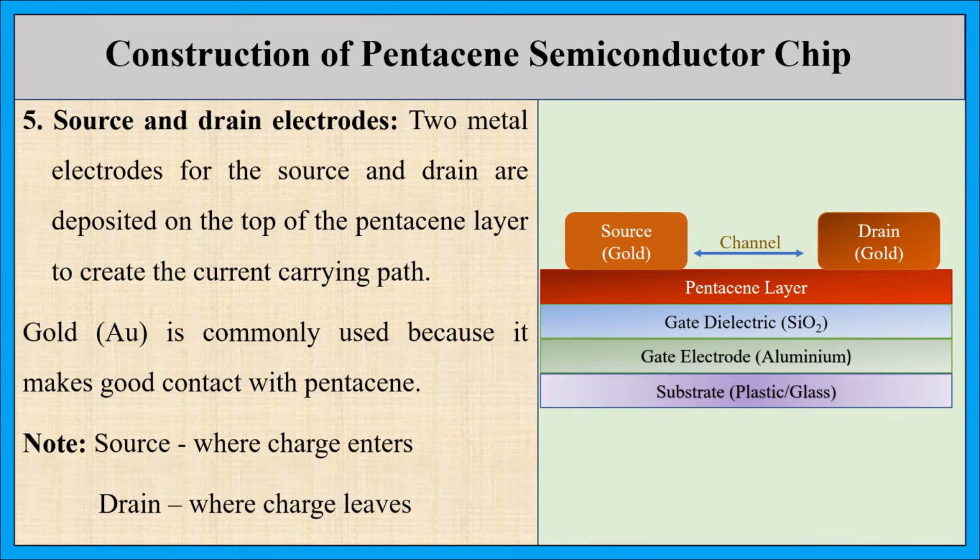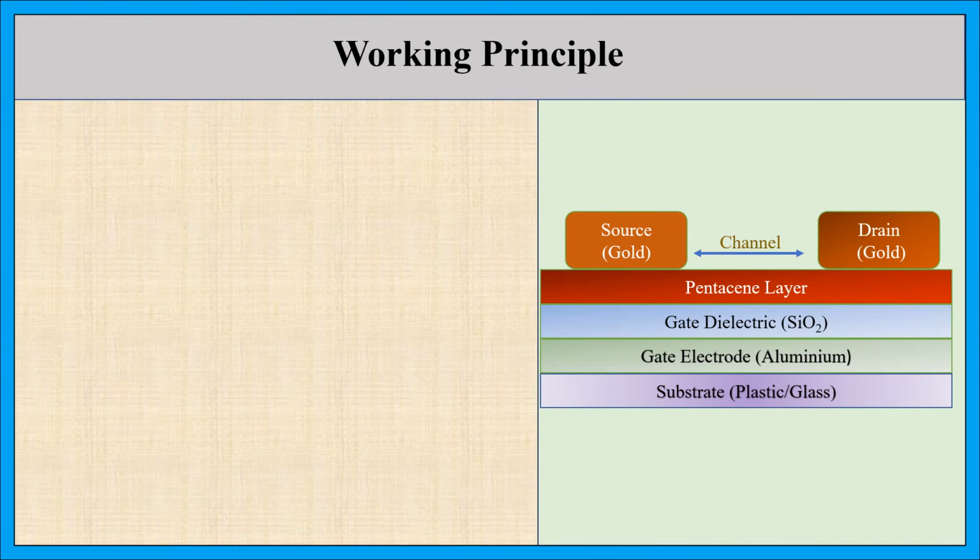Next, let us discuss about the working principle of pentacene semiconductor chip. Actually, the pentacene semiconductor chip has 3 main terminals, that is gate, source and the drain. Here, the pentacene layer acts as the semiconductor channel between the source and the drain.